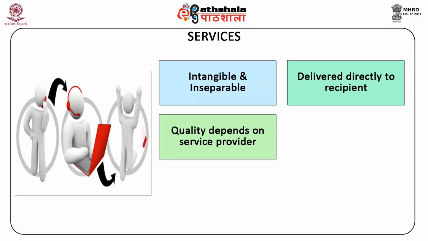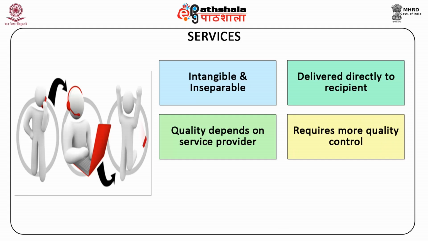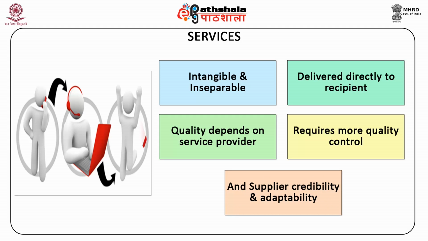It might vary from person to person. As a result, services normally require more quality control, supplier credibility, and adaptability. Examples include travel and tourism, hospitality, medical, educational services, banks, and financial institutions, etc.